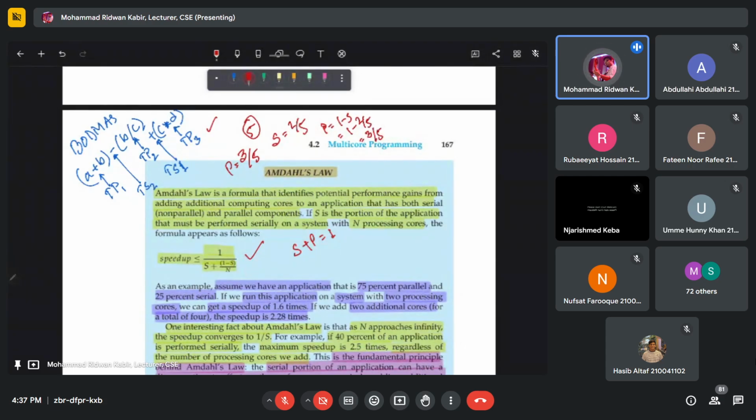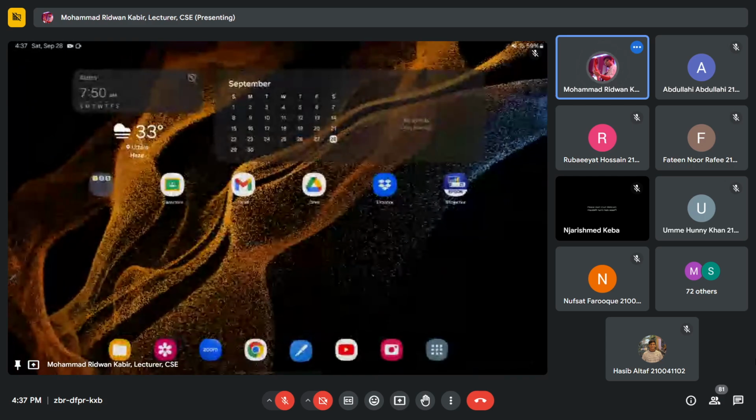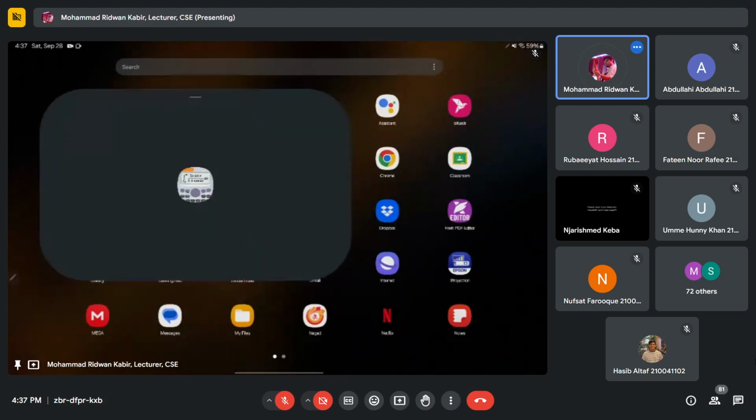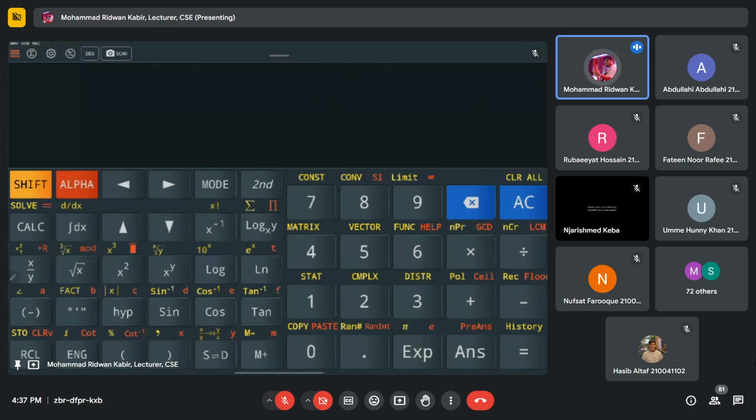Now, if you express this as decimal, let me give you a real demonstration. Just a minute. Okay. If you look at the example, what was the formula? 1 over the serial portion, right?